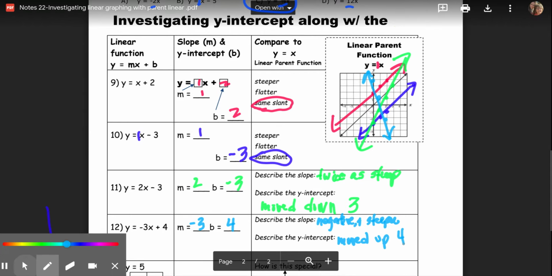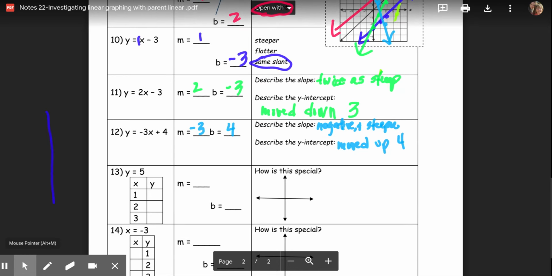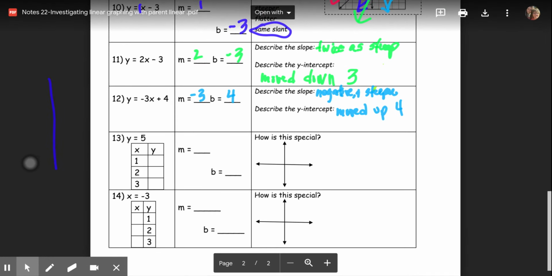All right. Now, 13 and 14 really don't have anything to do with the parent function. It's just kind of talking about some special lines, which we have discussed from the Test 6 review.